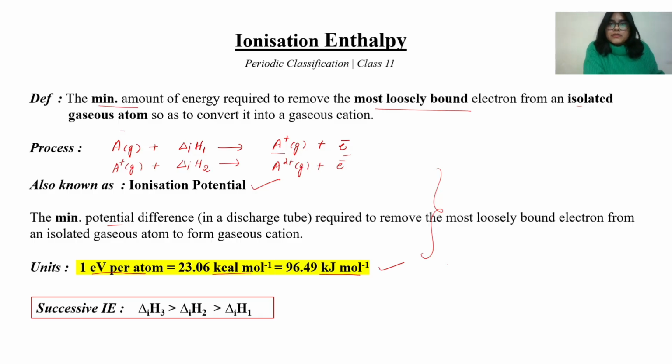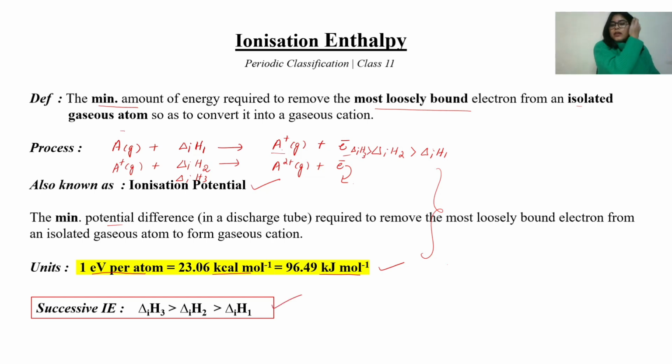When this happens, delta IH2 will always be greater than delta IH1. If we have one more step and end up with a delta IH3 value, that will always be greater than delta IH2. That is what you need to remember.